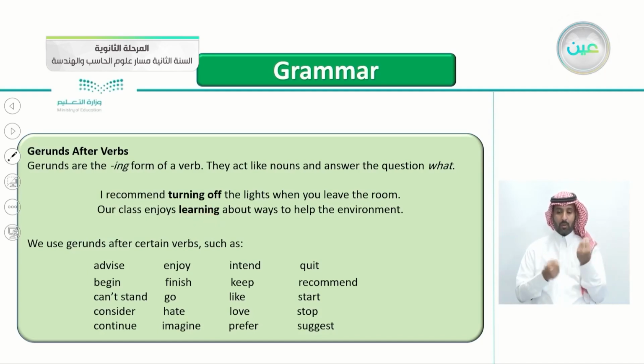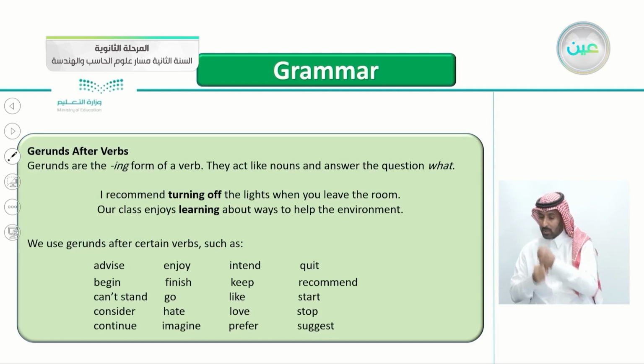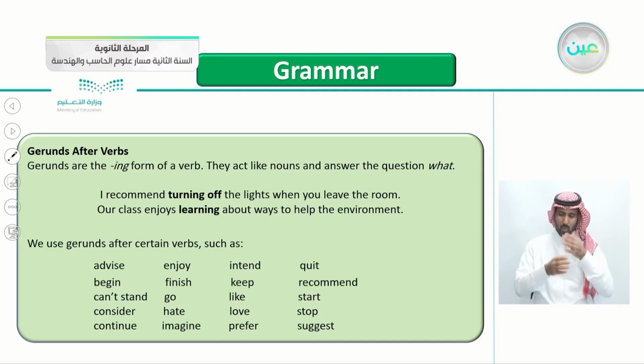So we can use gerunds after certain verbs such as, all of these are just examples and not the whole list of verbs, such as advise, begin, can't stand, consider, continue, enjoy, finish, go, hate, imagine, intend, keep, like, love, prefer, quit, recommend, start, stop, and suggest. So all of these verbs come before the gerund, or you can say the gerund comes after these verbs. You can say I enjoy playing, I intend going, I quit smoking, and so on.